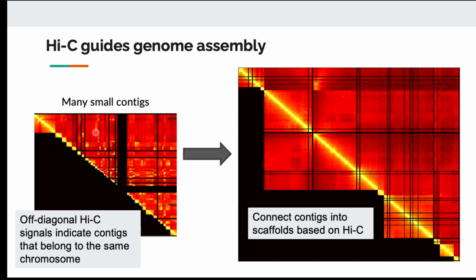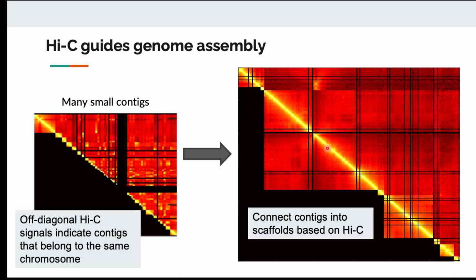So off-diagonal chromatin conformation signals in this plot tell you that some of these contigs are actually on the same chromosome molecule. Using this information, some people have developed bioinformatic tools to guide this process. You can reconstruct all these small contigs into a large chromosome.